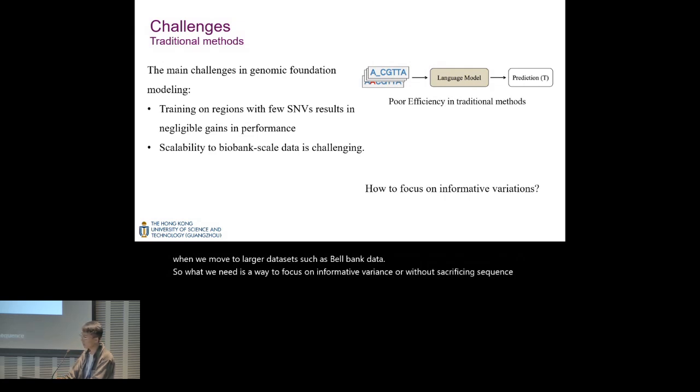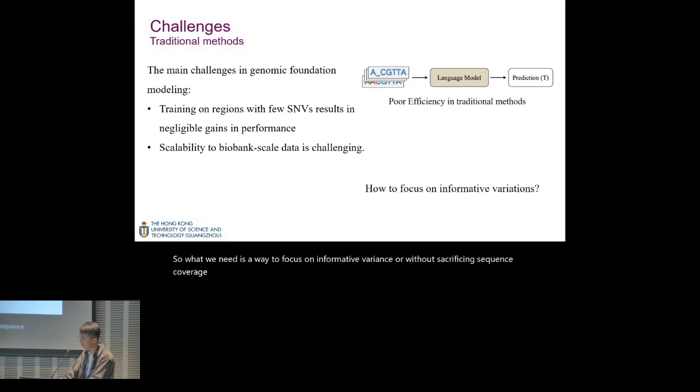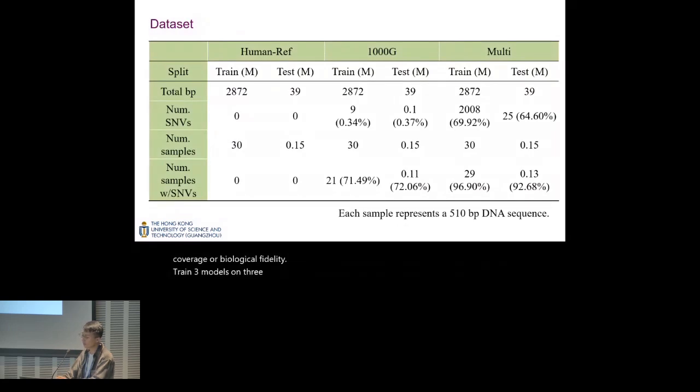We train 3 models on 3 different datasets. We train a baseline model on the human reference genome. For the mutation dataset, the 1,000 Genomes Project, and the multi-species dataset, the 2 differences are the number of SNPs and the number of samples of SNPs.